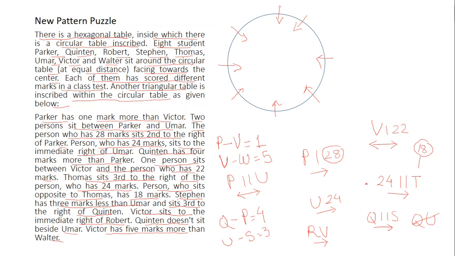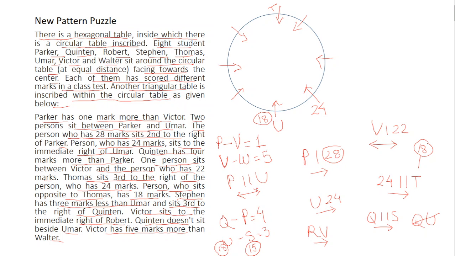So we will take these two conditions: to its right 24, to its third right T, and T's opposite has scored 18 marks. So U has scored 18 marks. So what would be the score of S? It would be 15.